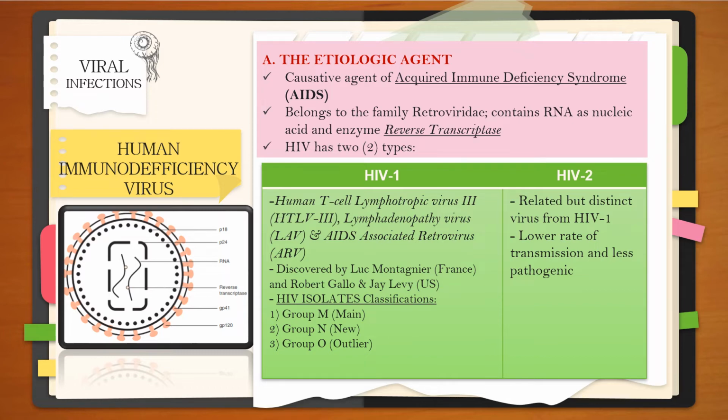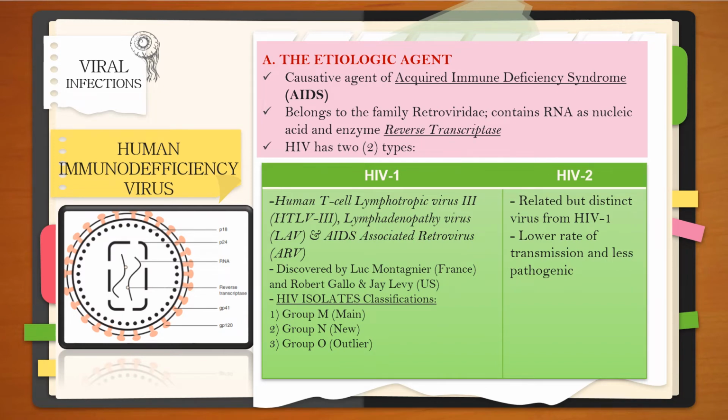HIV-1 is formerly called human T-cell lymphotropic virus 3 or HTLV-3, LAV or lymphadenopathy virus, and ARV or AIDS-associated retrovirus. It was first recognized and discovered by Luc Montagnier of France and Robert Gallo and J. Levy in the United States.